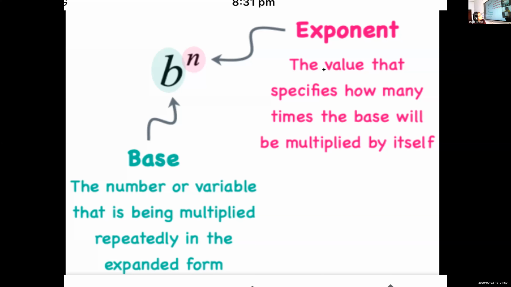Exponent is the value that specifies how many times the base will be multiplied by itself. If 2 raised to 3, which means what? We have to multiply 2 three times. That is 2 into 2 into 2, we can write it as 2 raised to 3. So exponent is that value which specifies how many times the base has been multiplied by itself.